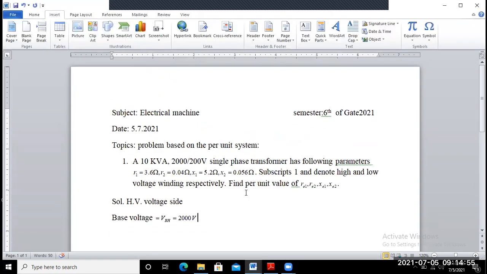Base current equal to how much? The base current equals volt ampere divided by voltage.